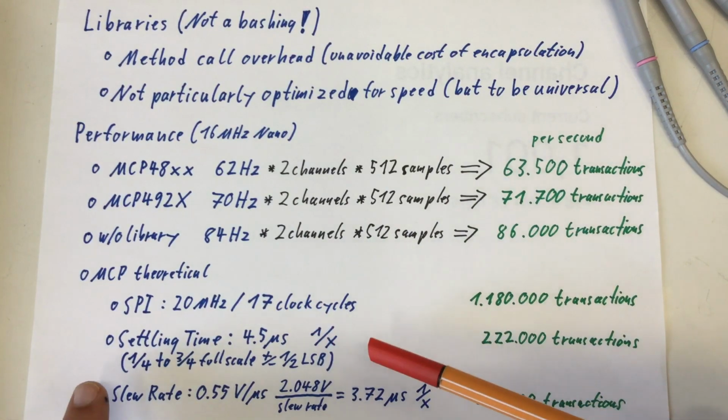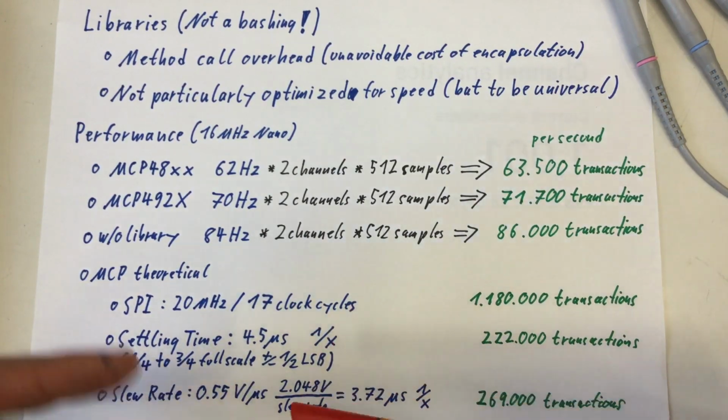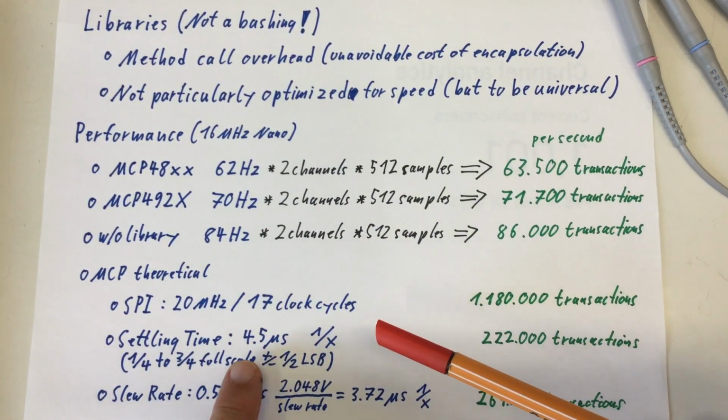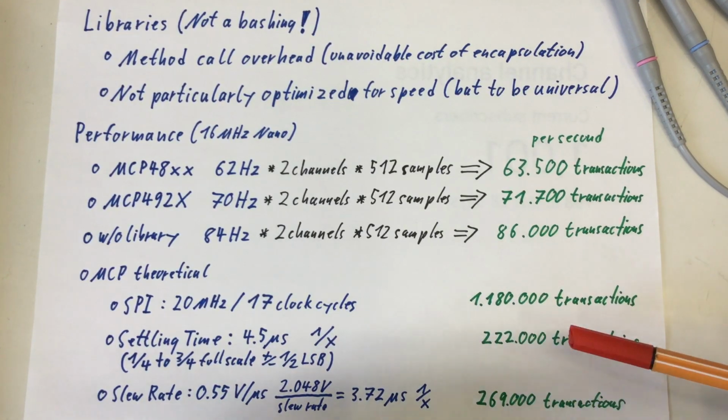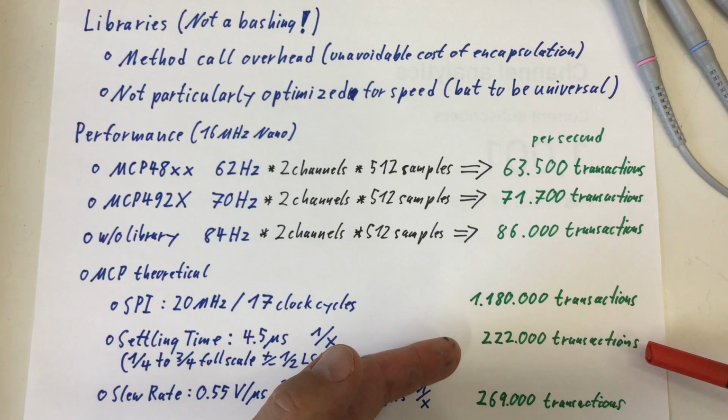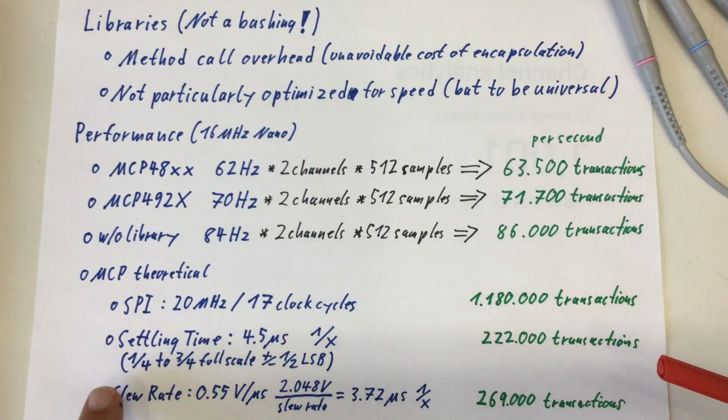But if you look at the settling time of the output amplifier, that's typically 4.5 microseconds. And then you have 222,000 transactions per second left. And that value is given for a quarter to 3/4 full scale, and at the end plus minus half LSB.